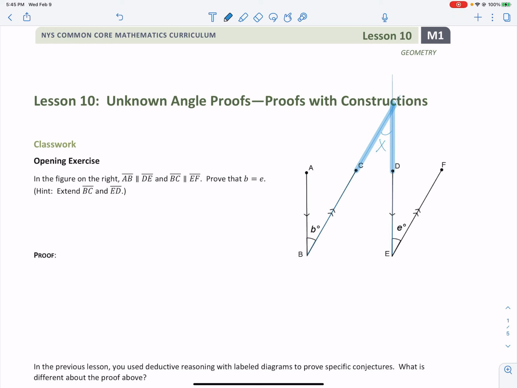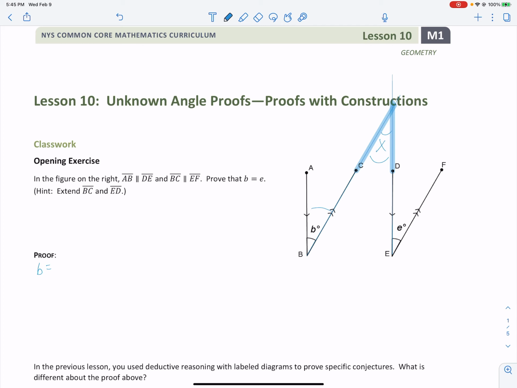So we know that this angle X is equivalent to this angle B, because if you turn your head to the side, if you need to, you can realize that this line right here that's going through both those parallel lines is a transversal. And then X and B are both alternate interior angles. So we can say from this that B is equal to Z.